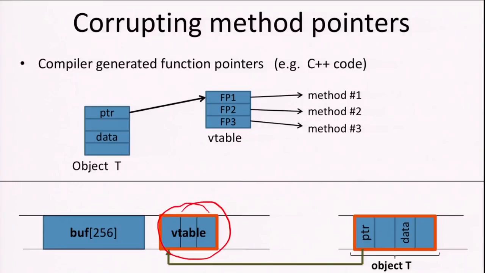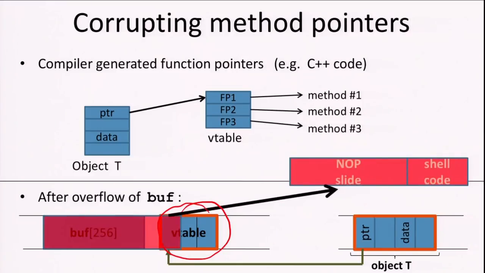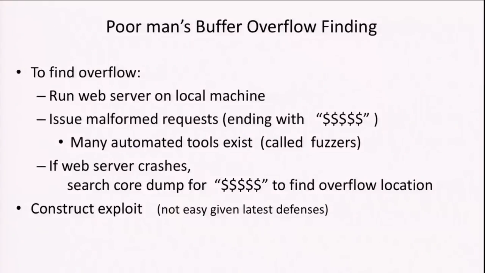The vtable contains the addresses of the various functions or methods that are appropriate for that particular instance of a class. So if you can overwrite the vtable entries, then when that function is invoked on that instance of the class, instead of invoking the right virtual method, you are going to invoke malicious code. That's what happens in the case of C++ virtual functions.